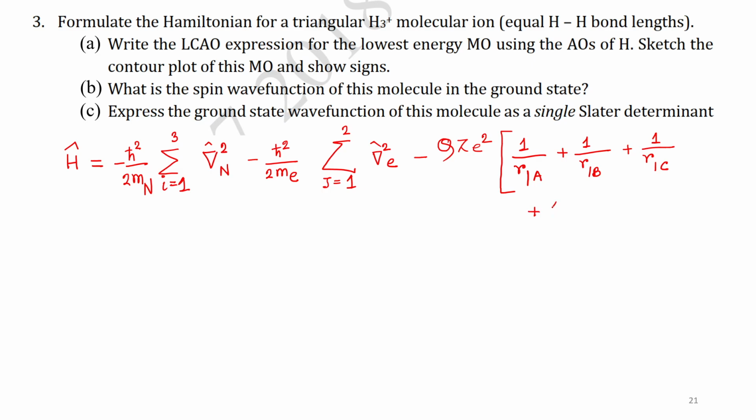Now I have another electron, that is 2A. There will be 3 terms, right? Again, so these are my electron-nucleus potential terms. So I'll also write it at the end. What are the terms?